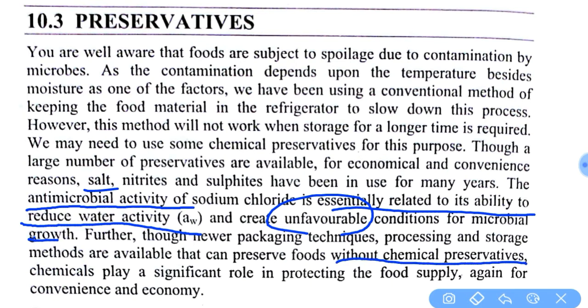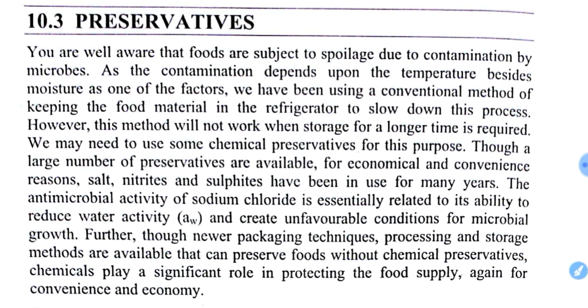But chemicals play a significant role in protecting what? The food supply, again for convenience and economy. These are very much important, because these preservatives are essential for the food supply.